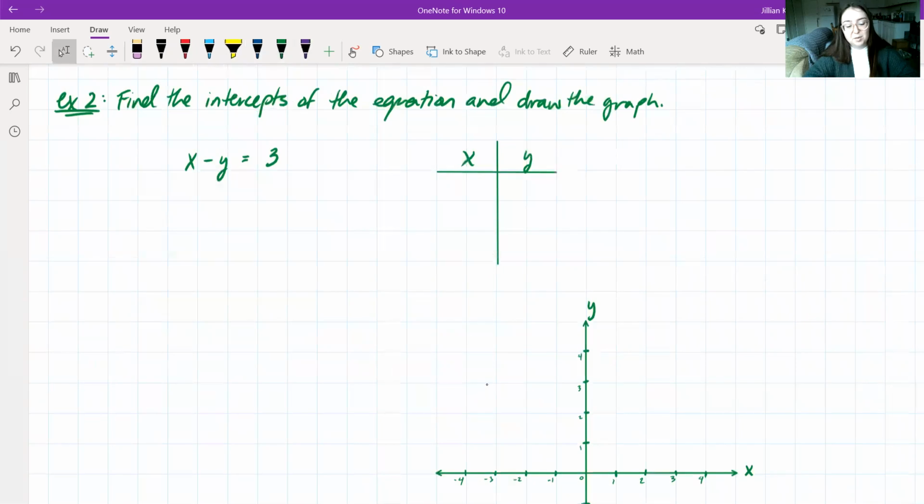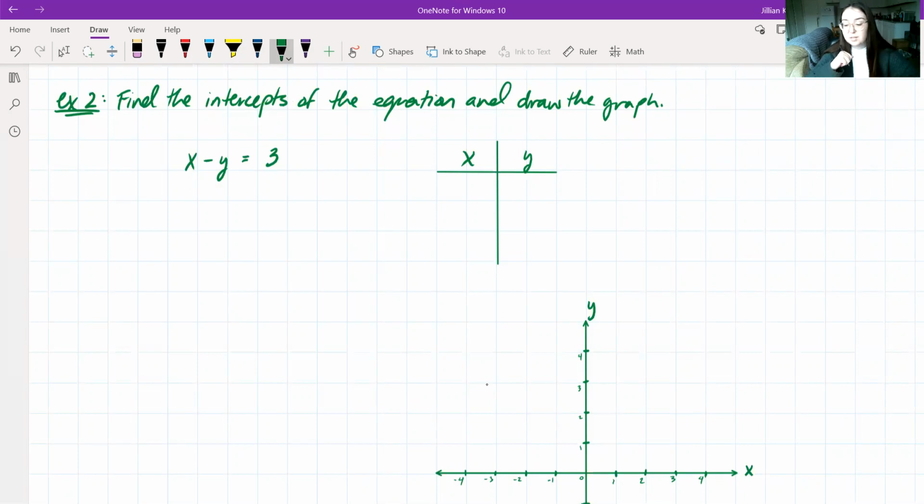So for example 2, we want to find the intercepts of the equation and draw the graph. Once again, we want to have 3 separate points just because we want to make sure, but we know that our x-intercept and our y-intercept will be found by plugging 0 into the opposite variable.